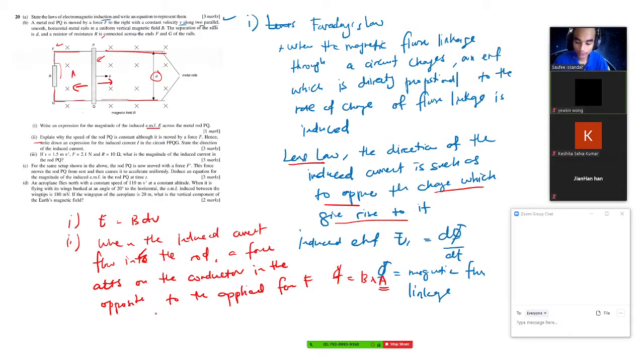So the induced current equals B d V divided by R. Okay, and we have to clean up this one.